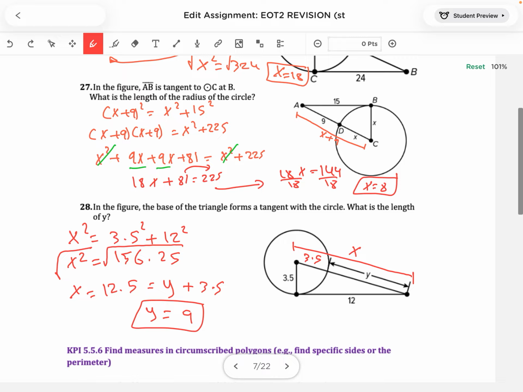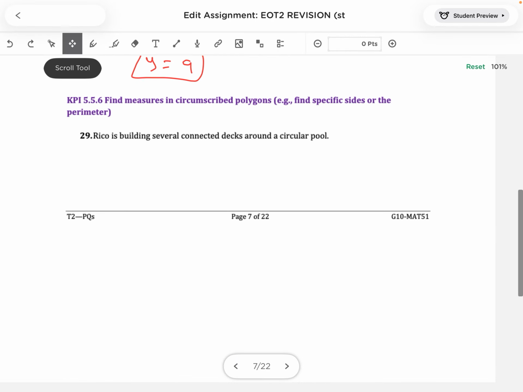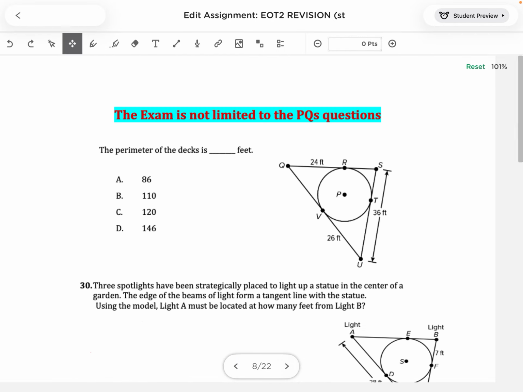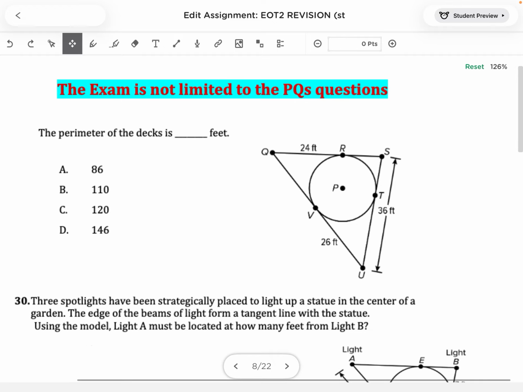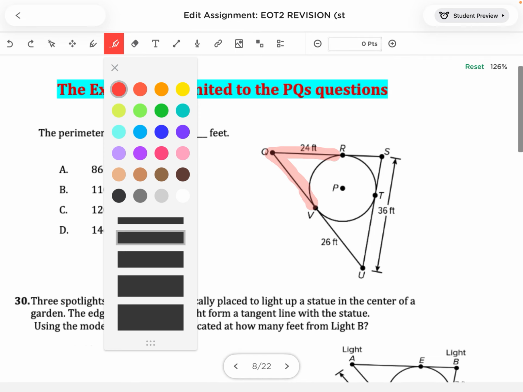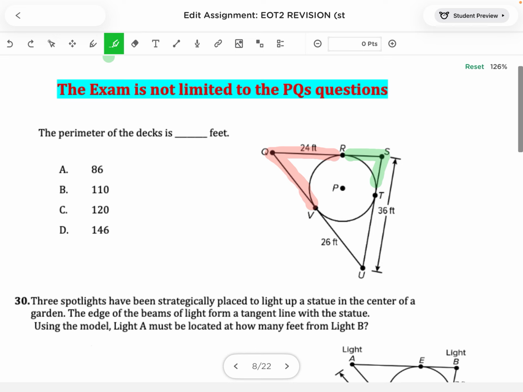Okay. Next one. This one we need to find the perimeter. These two are equal to each other, and these are tangents, so they will be equal to each other.